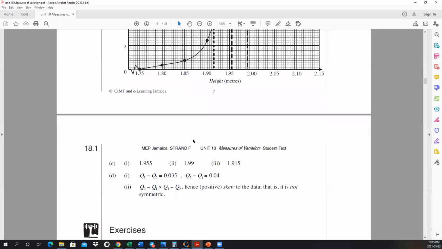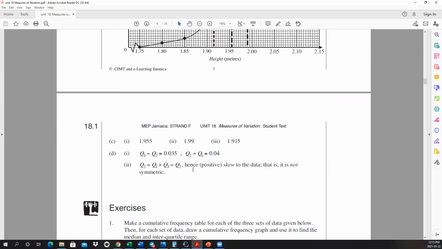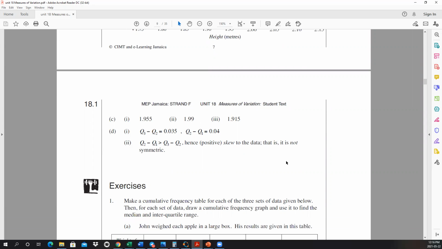So this difference, 0.04, is bigger than 0.035. And all they're saying is that hence there is positive skew to the data. That is, it is not symmetric.